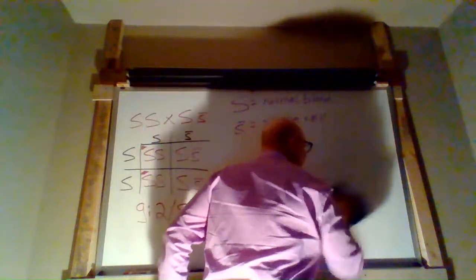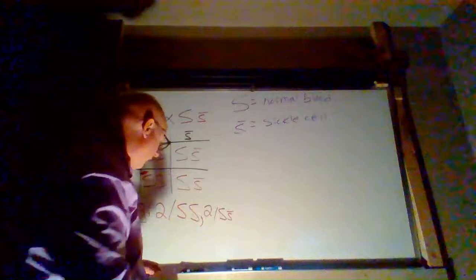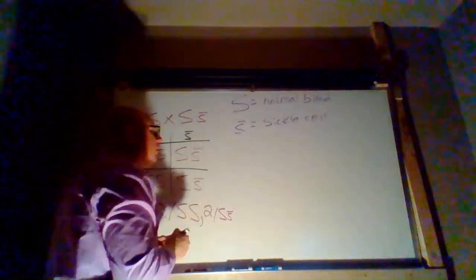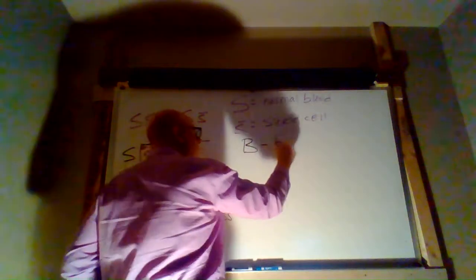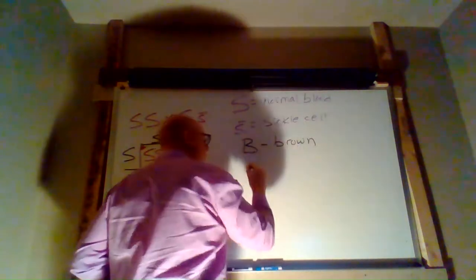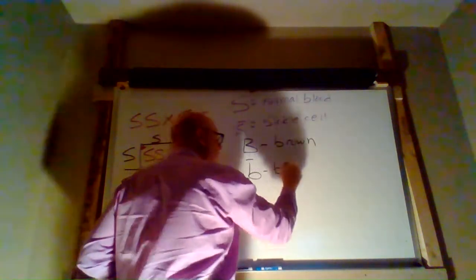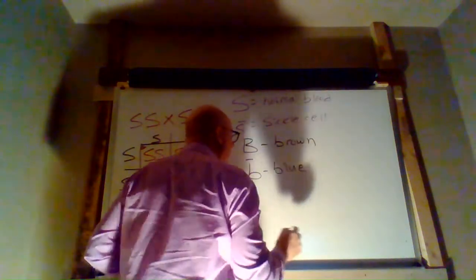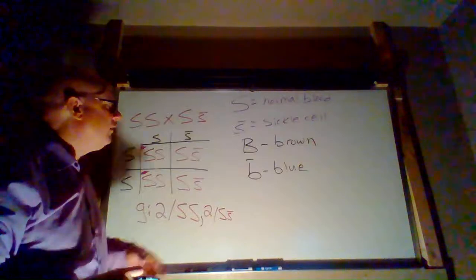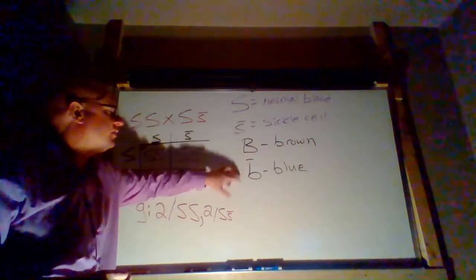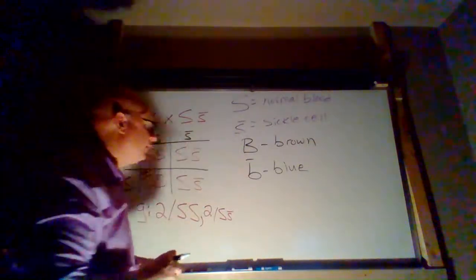So what happens, okay, is if two parents have brown eyes, we're just going to say capital B is brown, lowercase b then is blue. Okay? So what happens is then both parents must be heterozygous for that trait. And this is why.